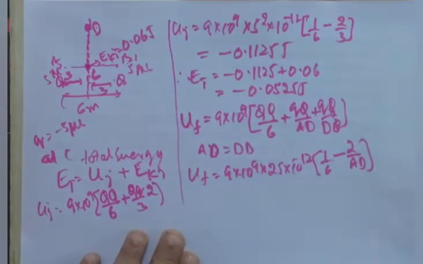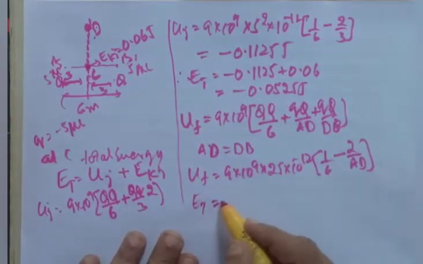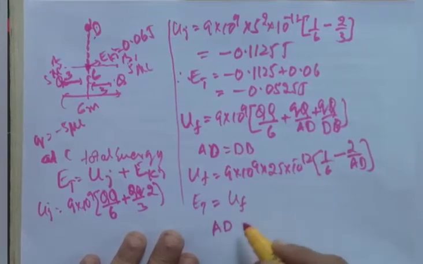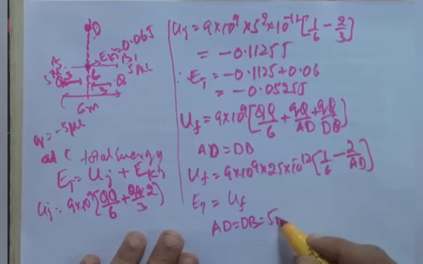So with these things, this is the only total energy possessed at D. Therefore, equating ET equals UF, we get AD or DB as 5 meters.